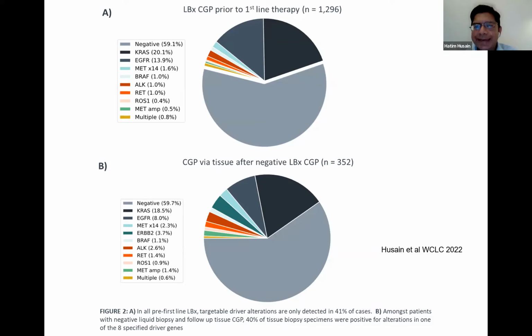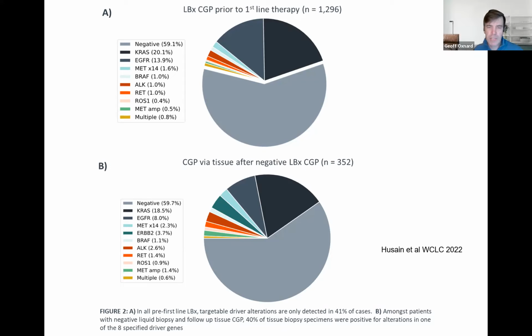And in patients who had a negative liquid biopsy who subsequently had a tissue analysis, 40% could still have a targetable gene identified in tissue after a negative result. So it just shows some clear evidence that reflexing to tissue is an important concept, particularly in those patients who have a negative liquid biopsy.